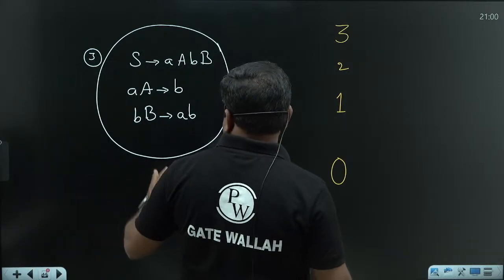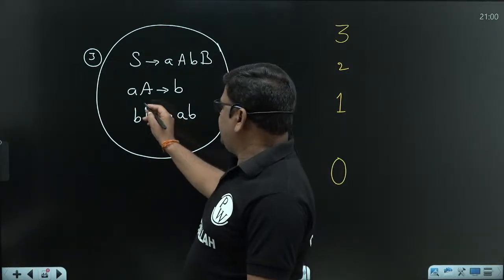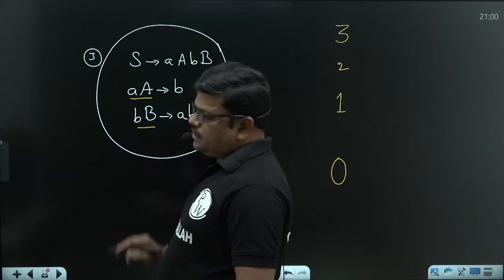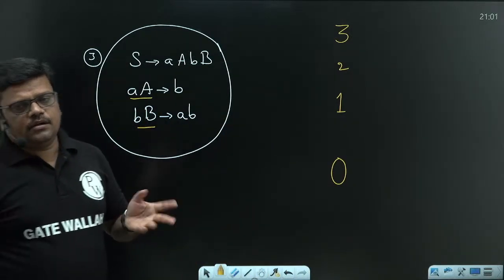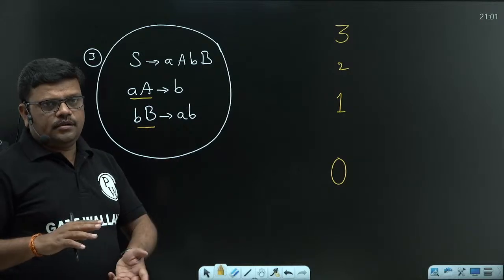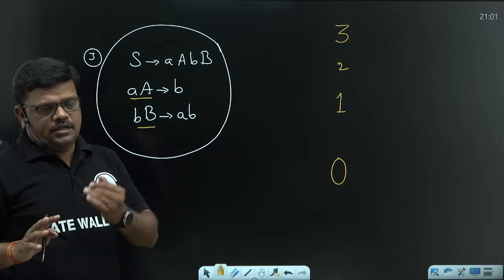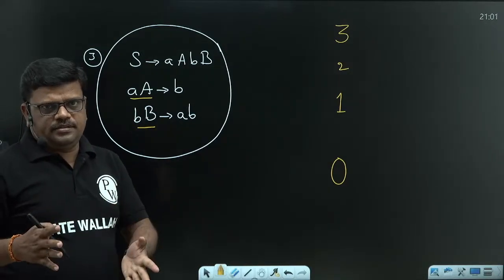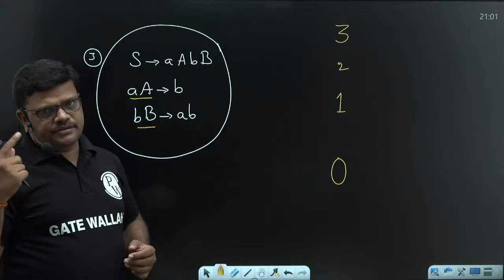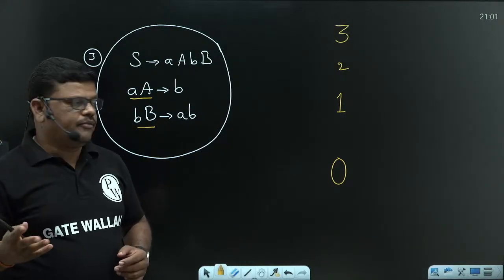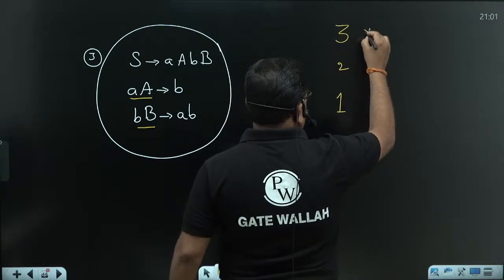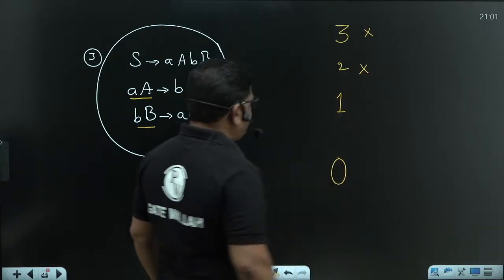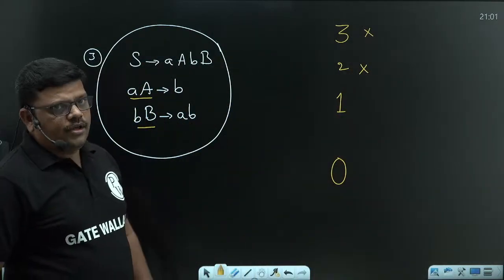Look at this: whenever on the left hand side you observe more than one non-terminal, or terminal and non-terminal together, more than one length, type 3 fails, type 2 fails. Because in type 3 the left side is only one, and in type 2 the left side is only one. Whenever this is there, we can rule out these two types. It is not type 3, it is not type 2. It can be type 1 or type 0.